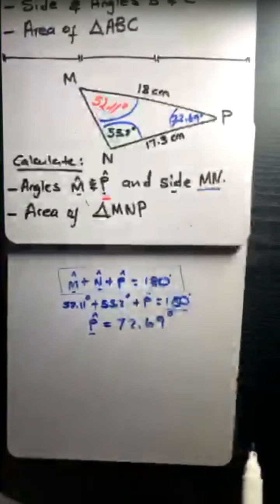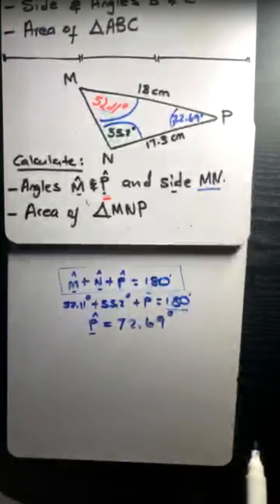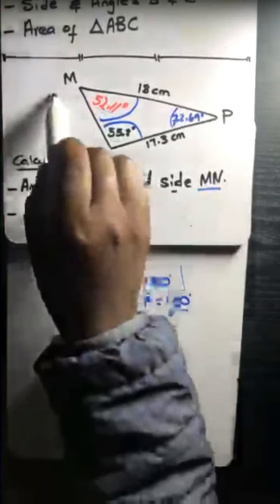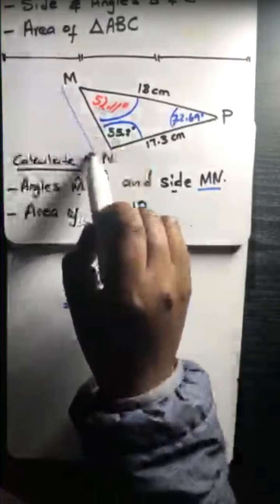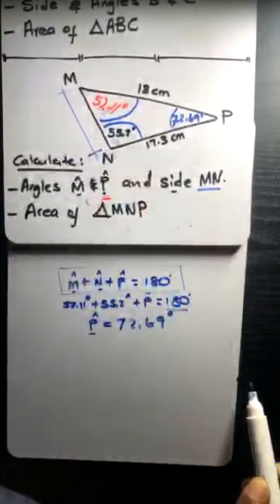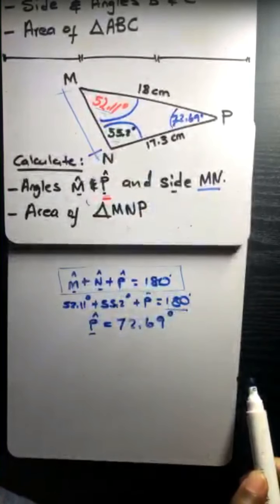Is there someone who can tell how we can calculate that side? We're going to use the cosine rule, sir. Someone is saying we can use the cosine rule. Yes. Can we still use another rule, or is it only the cosine rule that we can use?